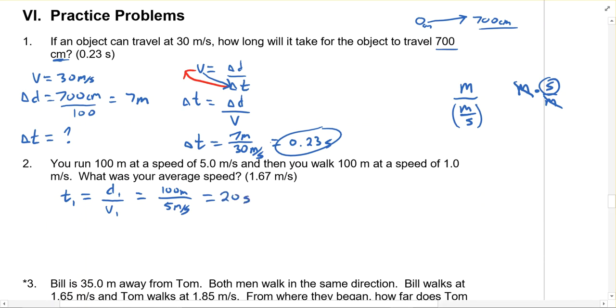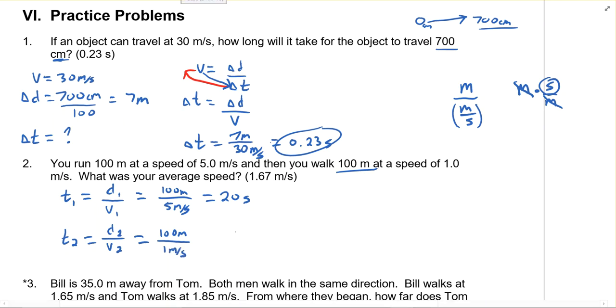Okay, so I got T1, now I need T2. So T2 is going to be D2 over V2. D2 was 100 meters again, over 1 meter per second.